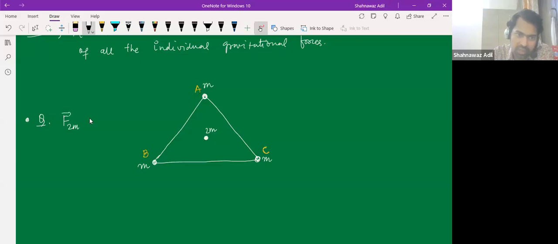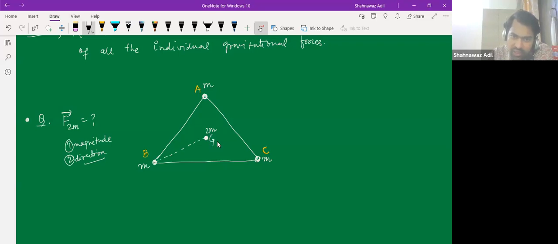Because this is a vector, we have to calculate the magnitude and we have to calculate the direction. These are two things we have to calculate. This distance, let's say this is G, the centroid.